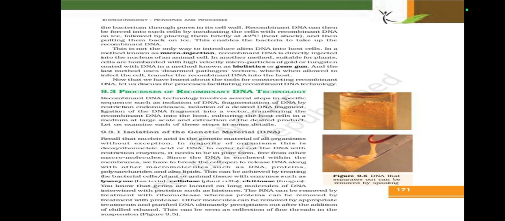The RNA can be removed by treatment with ribonuclease, whereas proteins can be removed by treatment with protease. Other molecules can be removed by appropriate treatments, and purified DNA ultimately precipitates out after the addition of chilled ethanol. This can be seen as a collection of fine threads in the suspension, figure 9.5.